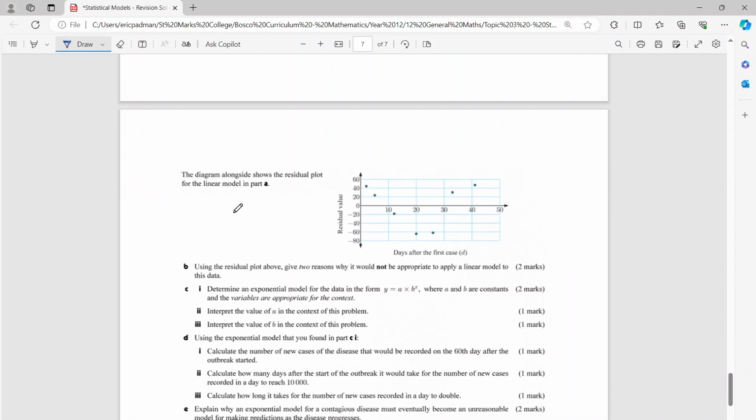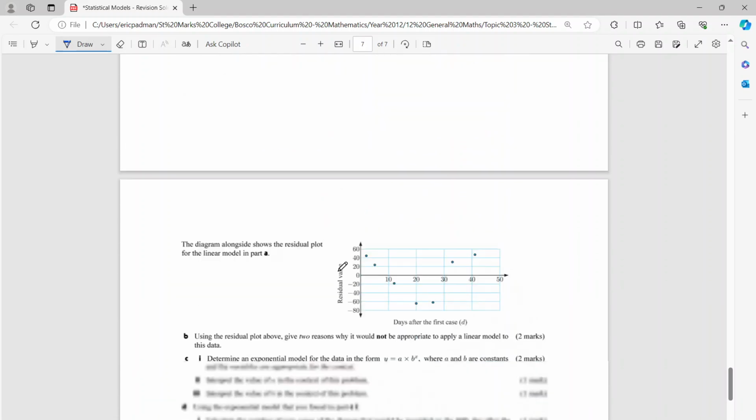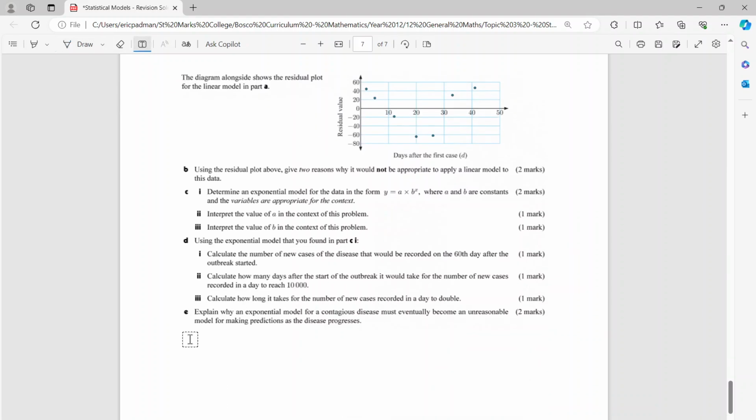Alongside the graphs is the residual linear plot. Using the residual plot above, give 2 reasons why it's not appropriate to apply a linear model to that. All right, the main one is that the residuals follow a pattern.